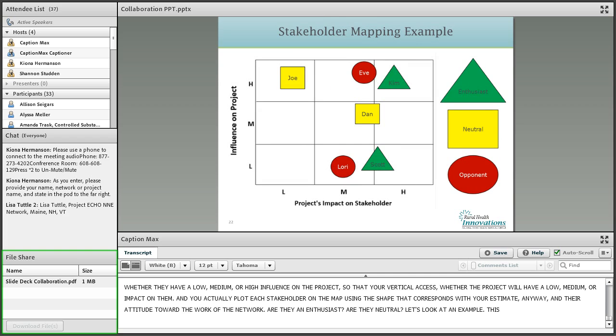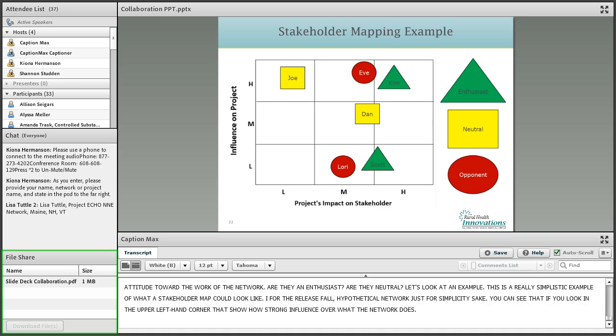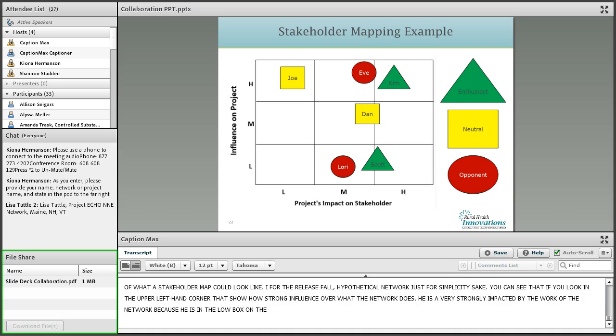Okay, so one tool that's commonly used in stakeholder analysis is a stakeholder map. A stakeholder map helps you put together a complete picture of your entire population of stakeholders. And it takes into account their potential influence on the project, as you can see in the vertical axis, influence on project, and the impact of the project on them individually.